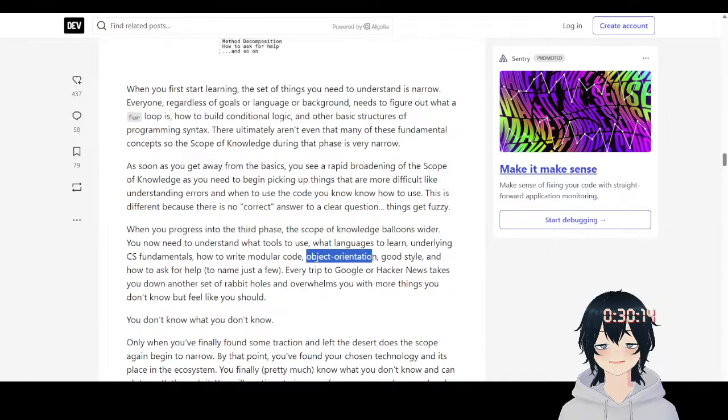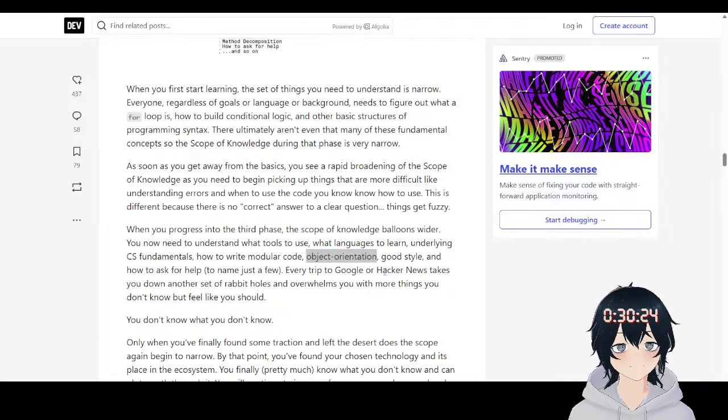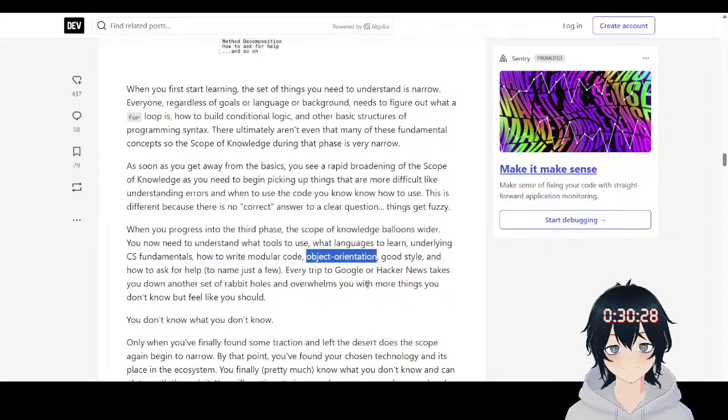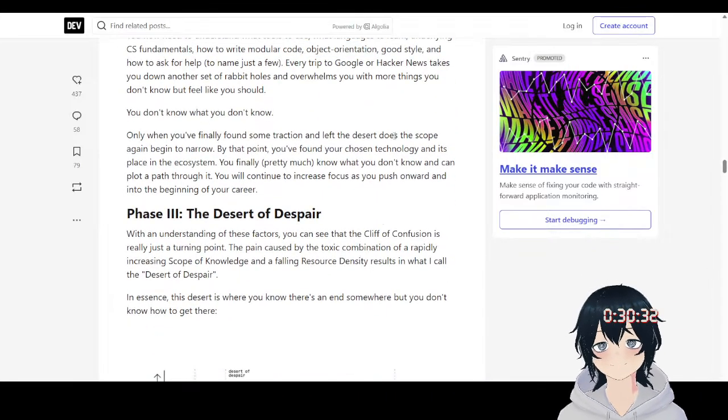Object orientation. Yeah, let's go into the right point.